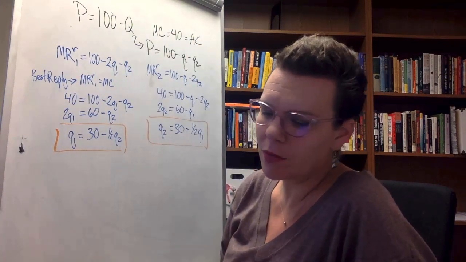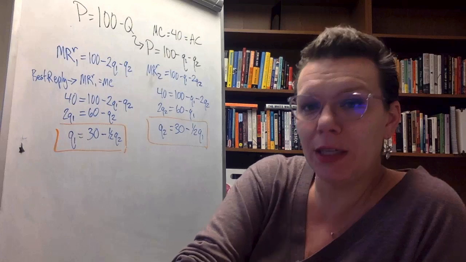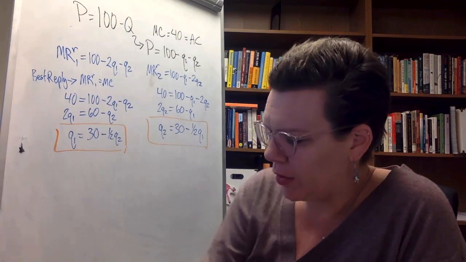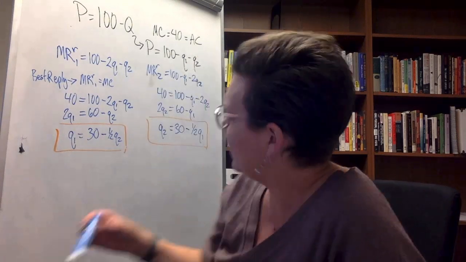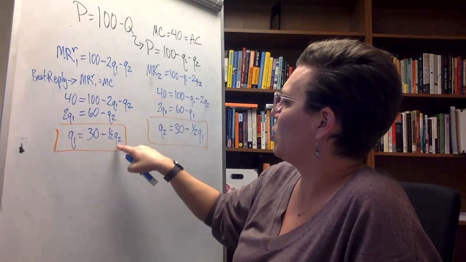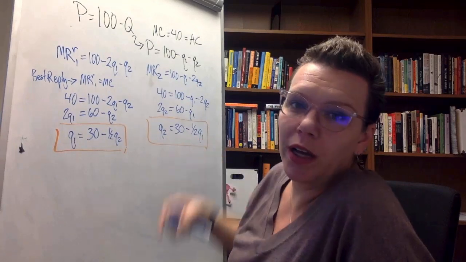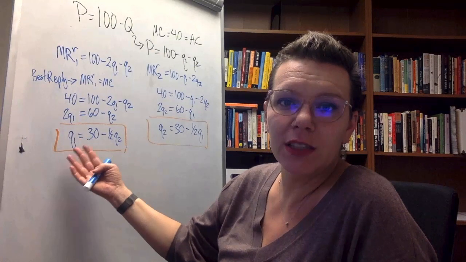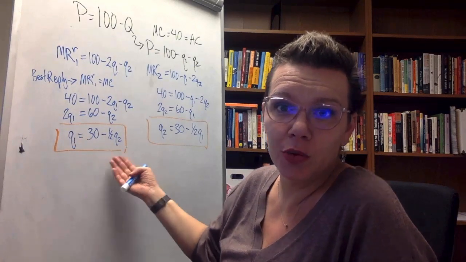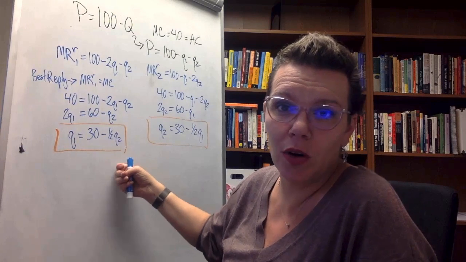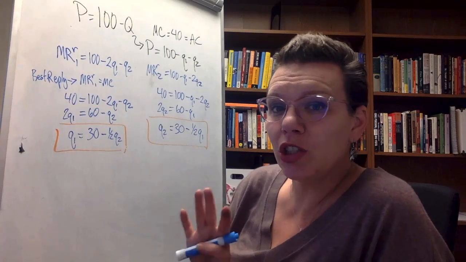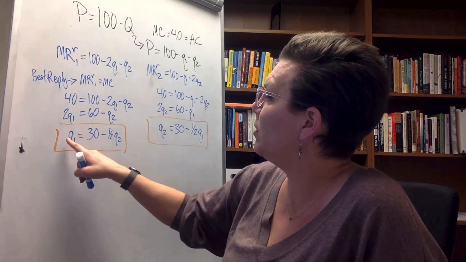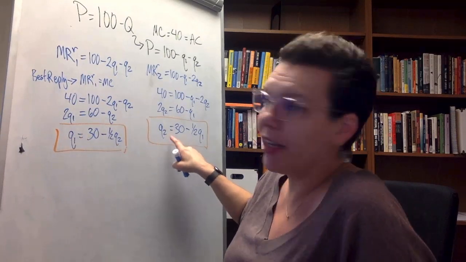Okay? Now we do the somewhat tricky part of inserting the best reply functions into each other. You can see here, there's Q1 in terms of Q2 and Q2 in terms of Q1. The whole point of this is to see how firm 1's profits are a function of Q2, right? Their quantity is based on what the quantity of the other firm does. Since we're assuming in this game that everybody has perfect information, we can assume that firm 1 knows what firm 2 is doing and vice versa.